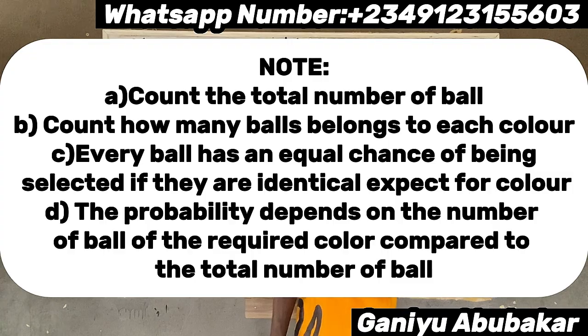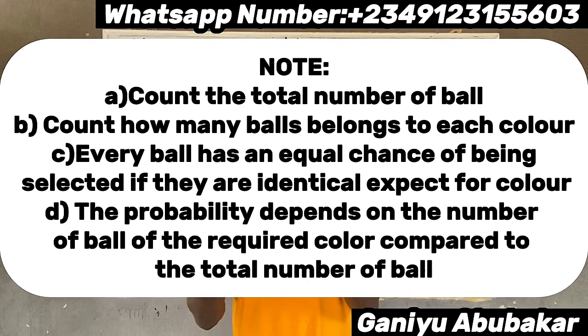A. Count the total number of balls. Number 1, your first thing to do is count the total number of balls. Number 2, B. Count how many balls belong to each color.